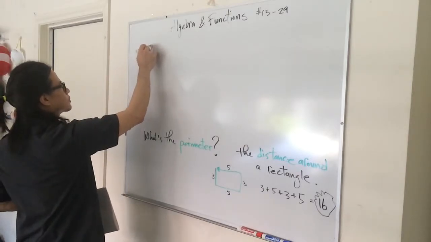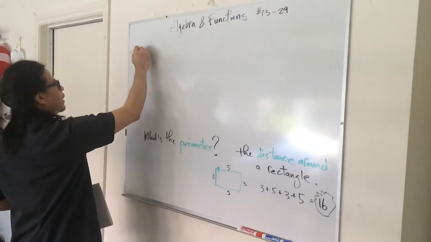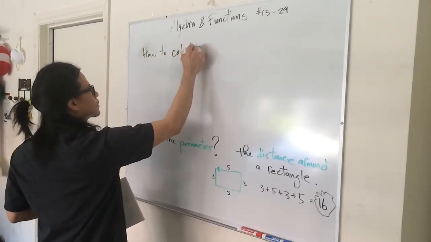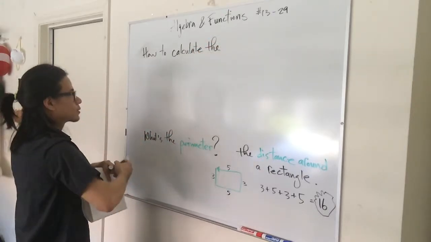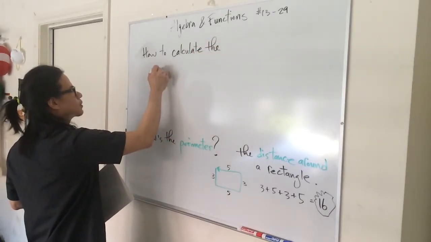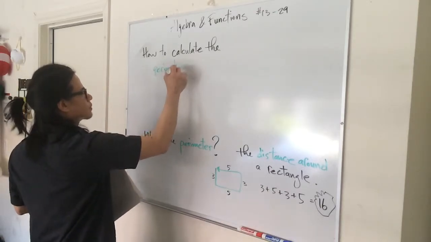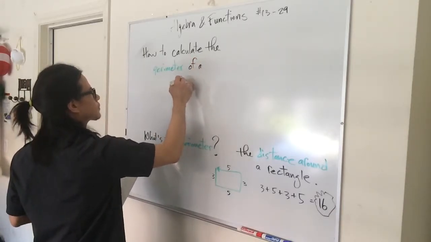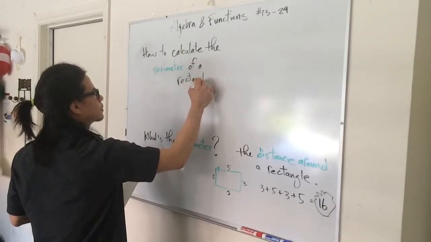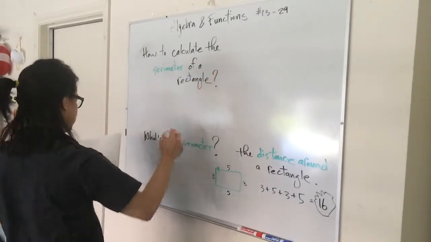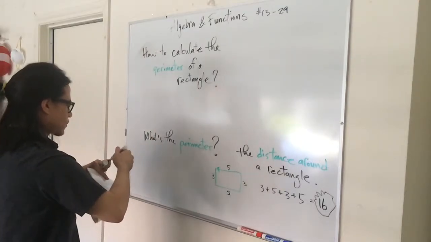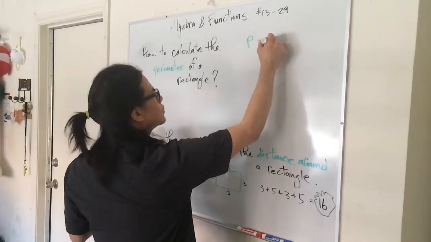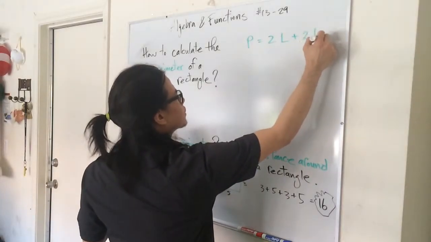Okay, so how to calculate the perimeter of a rectangle. The formula is given by perimeter equals 2 times the length plus 2 times the width.